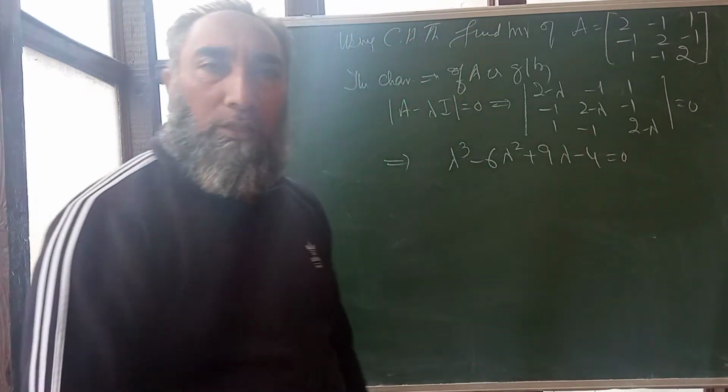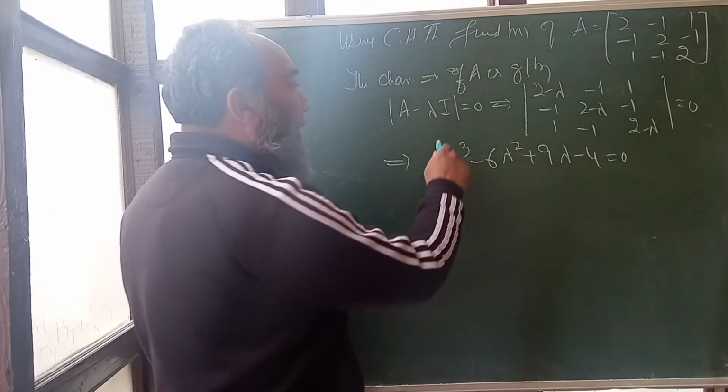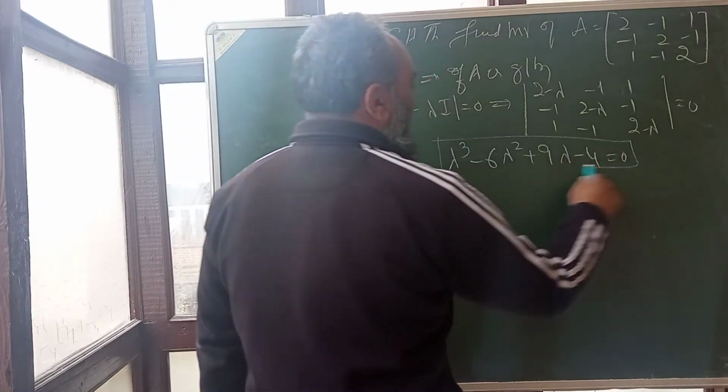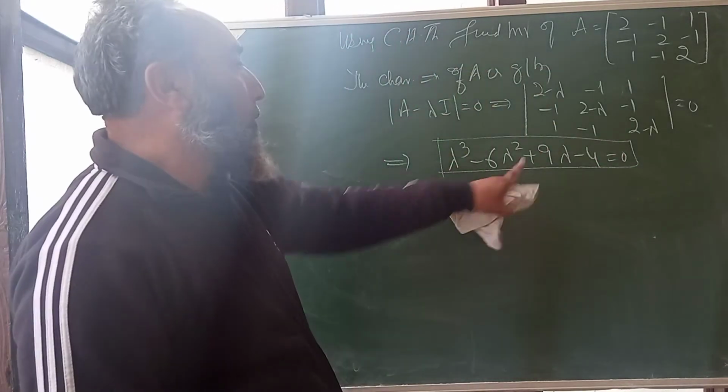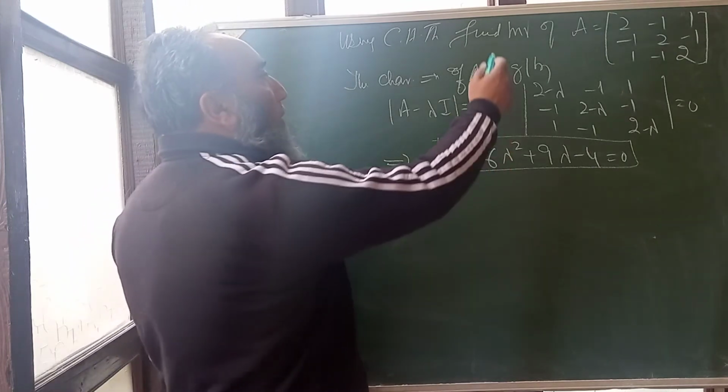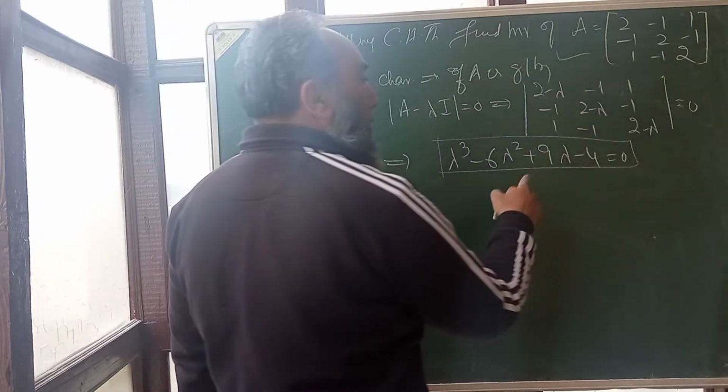This we have already done in our previous lecture, so I don't have to expand it and obtain this. So I know the characteristic equation of this matrix is given by this.